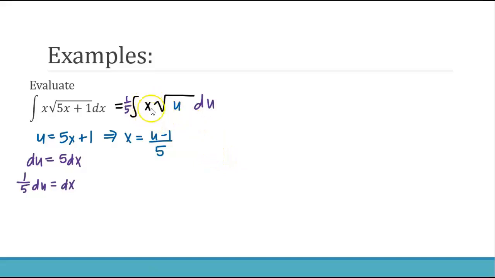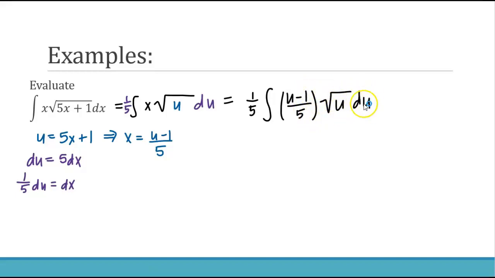So we're going to go ahead and now replace that x with that u minus 1 over 5. So here's what we have overall. I have 1/5, the integral, and I'm going to keep it all in one big set of parentheses, u minus 1 over 5, and then times the square root of u du. So it sort of looks messy, but we can actually evaluate this integral.